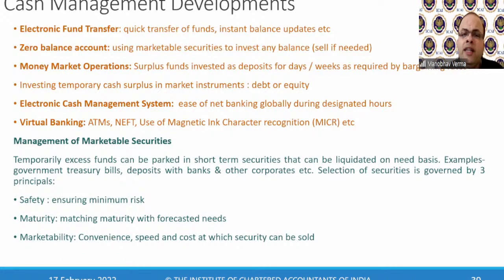Then you're talking about the electronic cash management system. You have your entire net banking. You can check your reports, your balances, accrued interest statements, and all that. And then you also have virtual banking these days. I'm not sure whether you guys have visited any ATMs for many years.